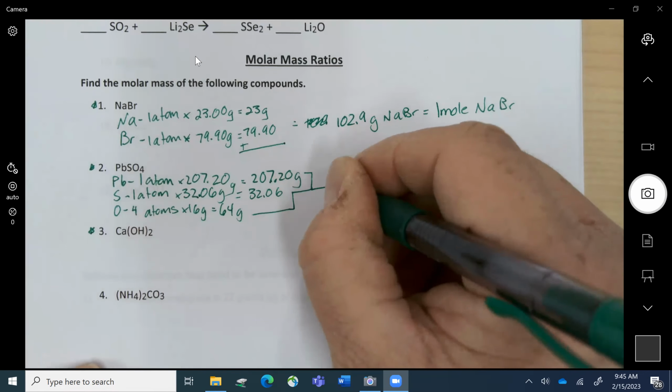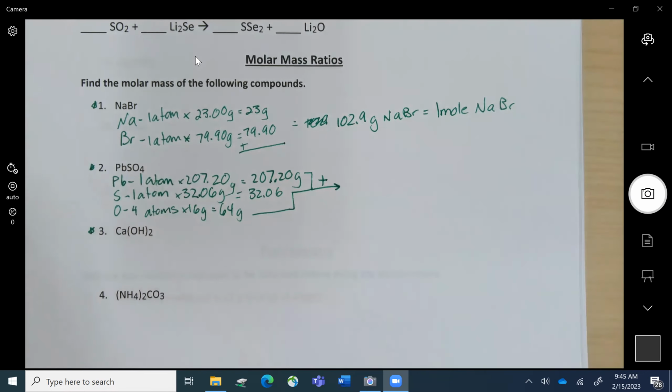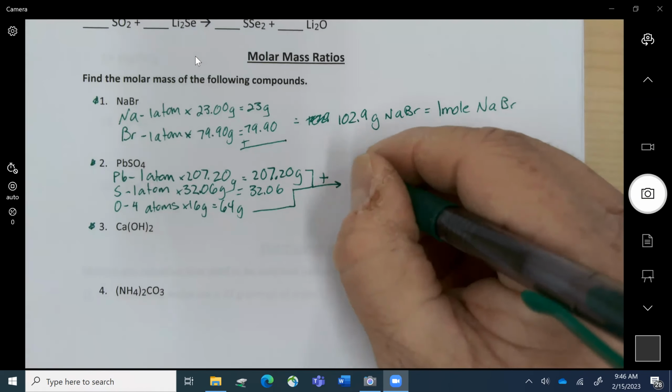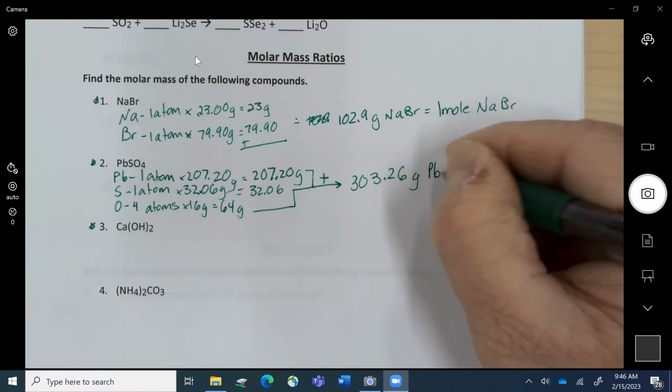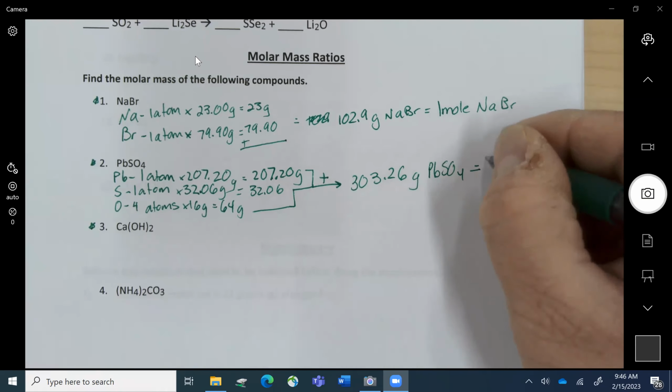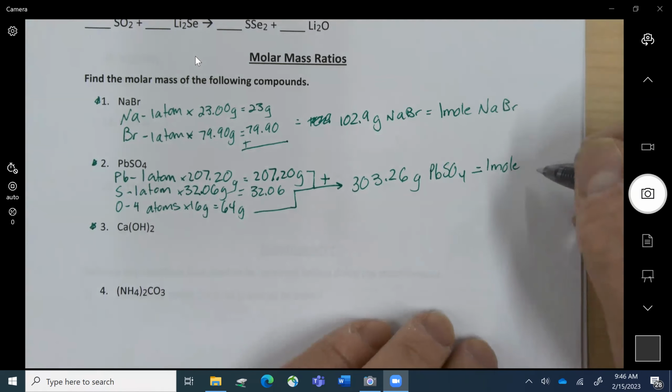So I'm going to add all these together, and come up to 303.26 grams of PbSO4 equals 1 mole of PbSO4.